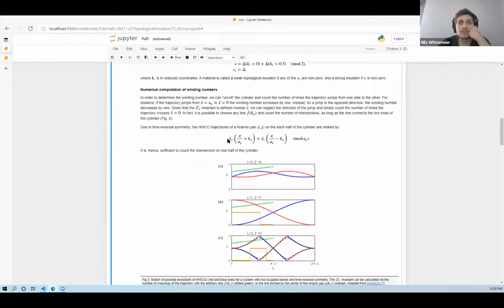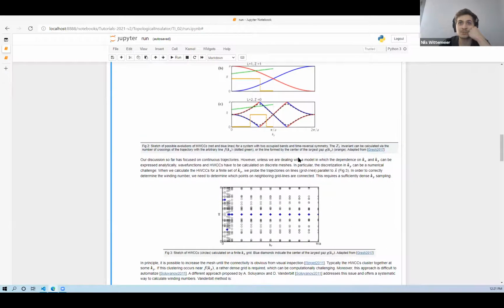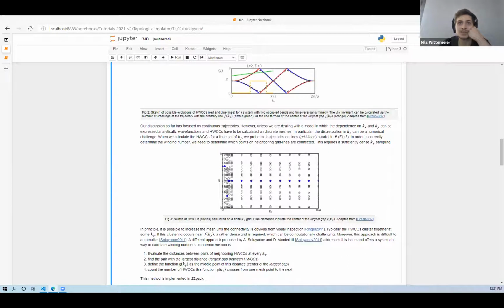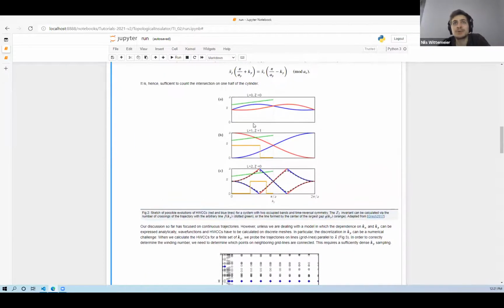So basically what this Z2 Pack module does, and what we're going to do in a bit, is track all these different Wannier charge centers for different states. And then we basically want to count how many times they loop around the cylinder, or how often they jump. There's one important point which makes this a little bit easier than just looking at the top and the bottom edge.